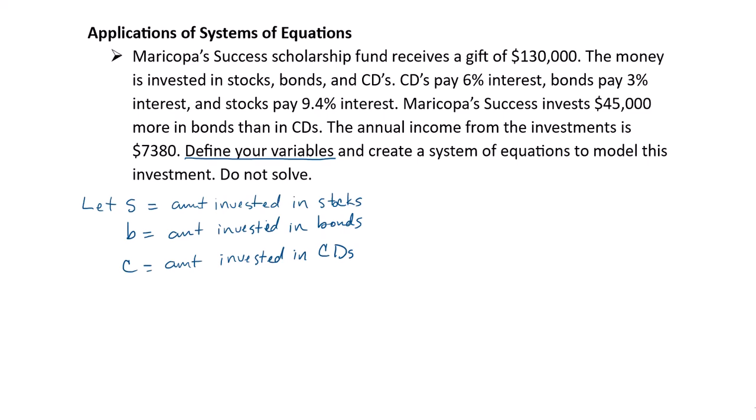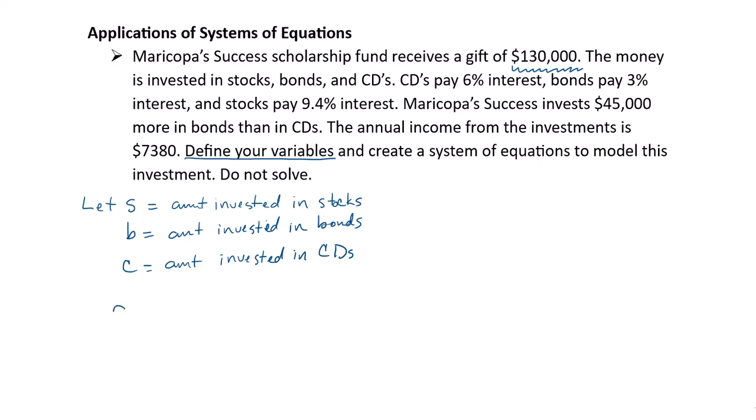Maricopa Success Scholarship Fund receives a gift of $130,000. So that's the total amount that they have received to invest. And they've invested that in stocks, bonds, and CDs. Well, we can make an equation just from that.